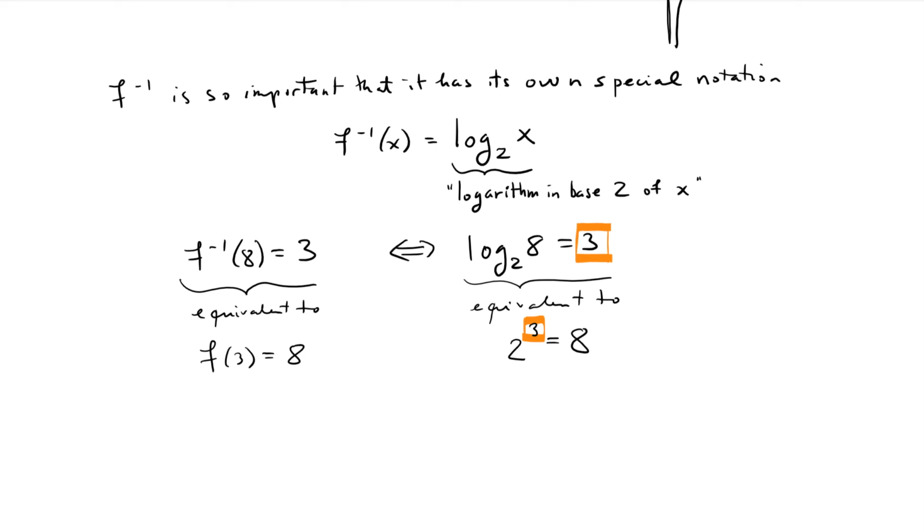Therefore, in general, if I write y is the log in base 2 of x, you should think, okay, that y is the exponent to which I raise 2 in order to get x.